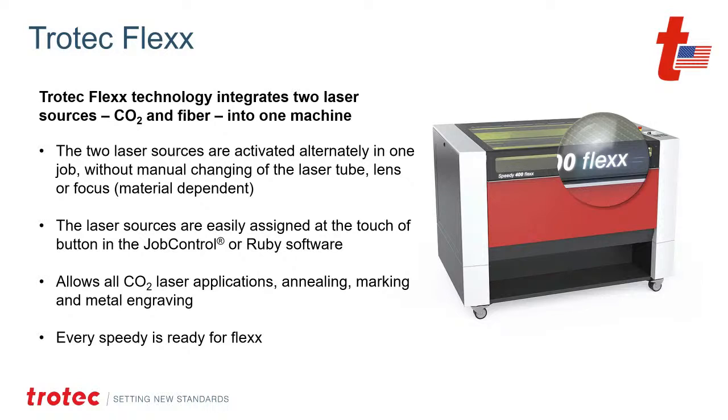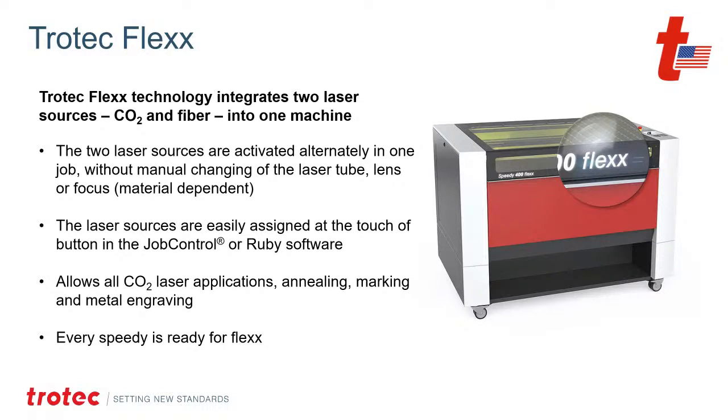And especially something like stainless steel, you can do a fused effect with the CO2, or you can do a fiber mark with the fiber laser all on one machine because there's two lasers on this one machine. Laser sources are easily assigned at the touch of a button in Job Control or our new Ruby software. So all you have to do is just tell it what color you want to use for the CO2 based on a visual color on your screen, or another color you can assign as the fiber.